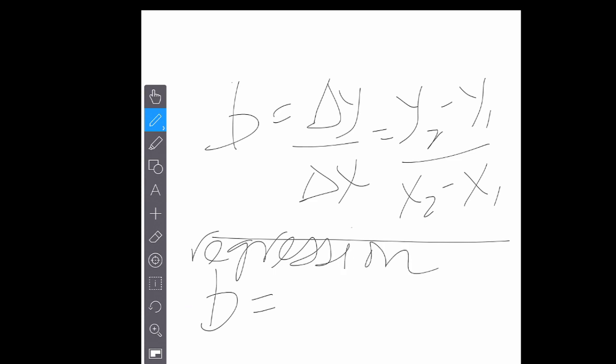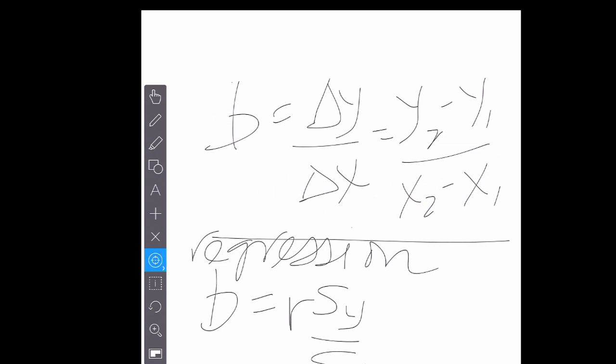The slope, I explained, comes from a result of calculus that finds the slope is like this. Okay, this is the slope in regression. Now what's the difference? The regular slope just has points that all fit on a line, so you can take any 2 points and calculate the slope between them.